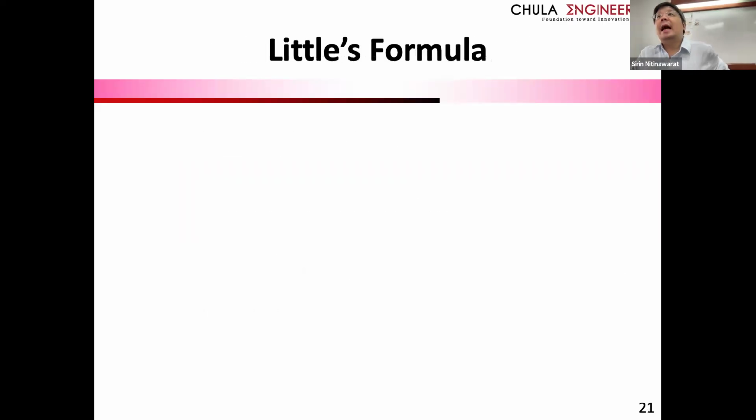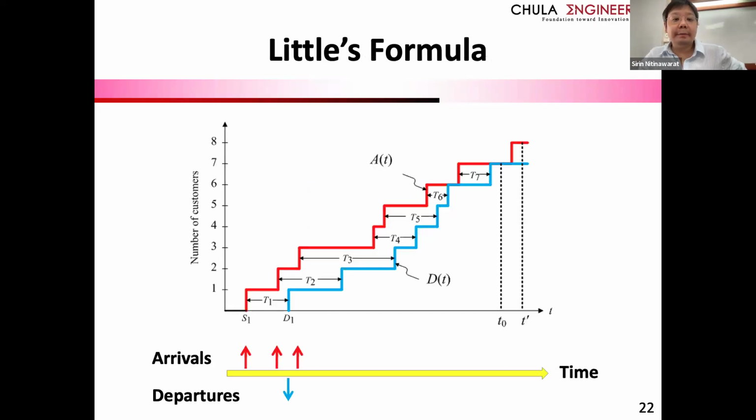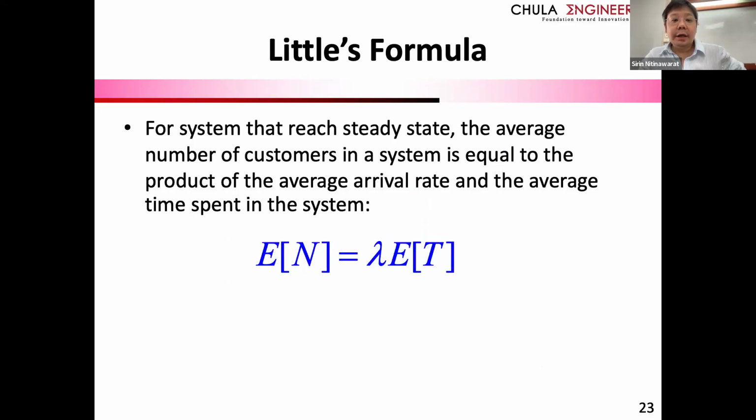And we concluded last class with the first rigorous and general result on queuing theory called Little's formula, which expresses the expected number of customers in the system as a linear relationship with the average time each customer spends in the system, with the scaling factor being the arrival rate.